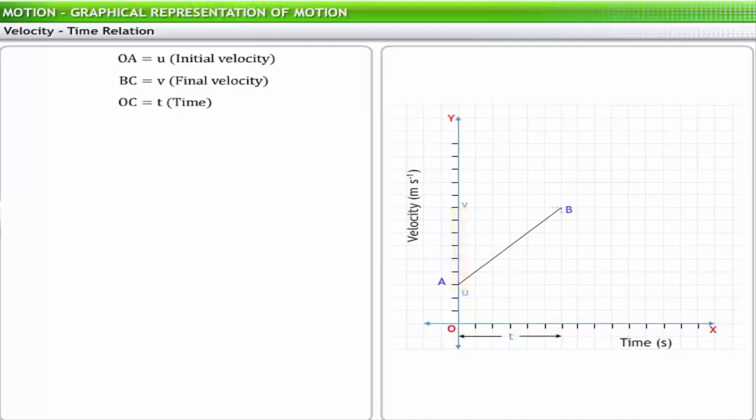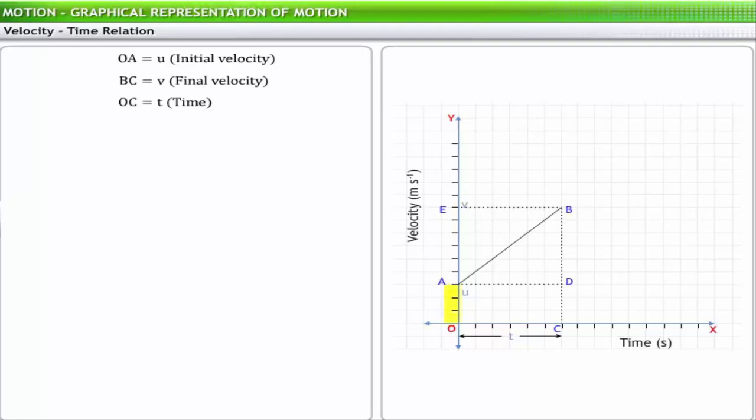From point B, draw two lines BC and BE perpendicular to the x-axis and the y-axis respectively. From point A, draw a line AD parallel to the x-axis to intersect BC at D.